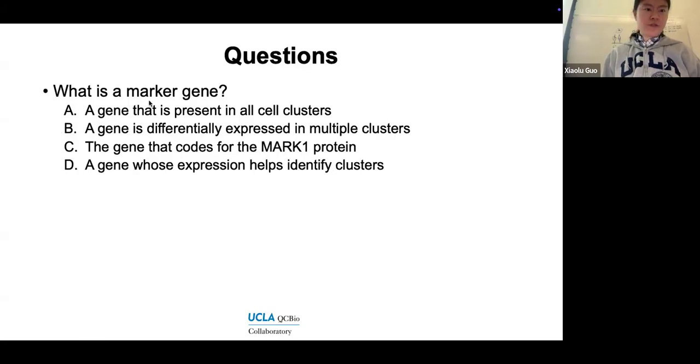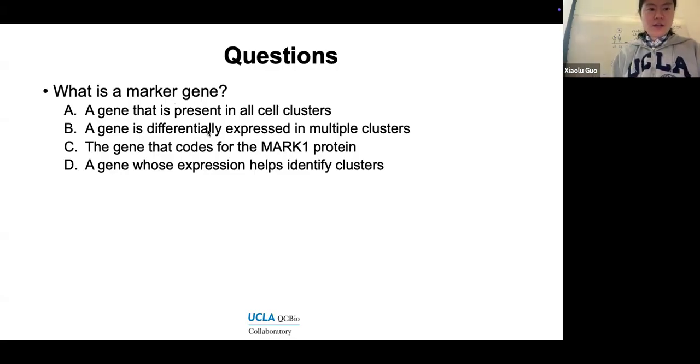Usually when we define marker genes, we compare this cluster versus all other clusters, and the differentially expressed genes are how we define the marker genes. So it should be D, and B is a little vague, because if I compare clusters 1 and 2 versus 4 and 5, we usually don't call that a marker gene unless we define clusters 1 and 2 as one cluster.